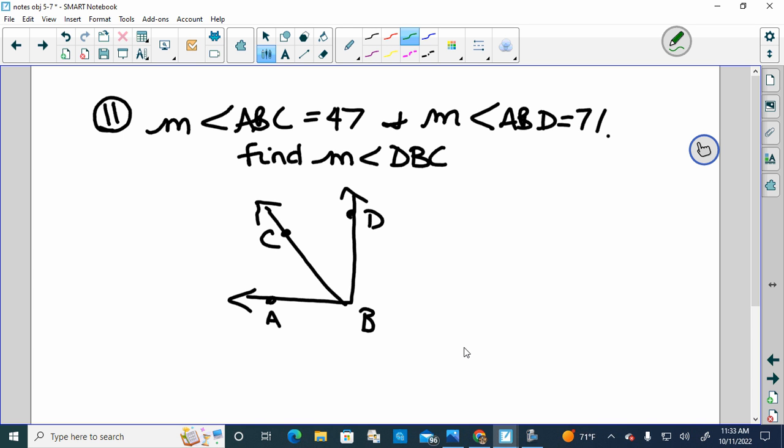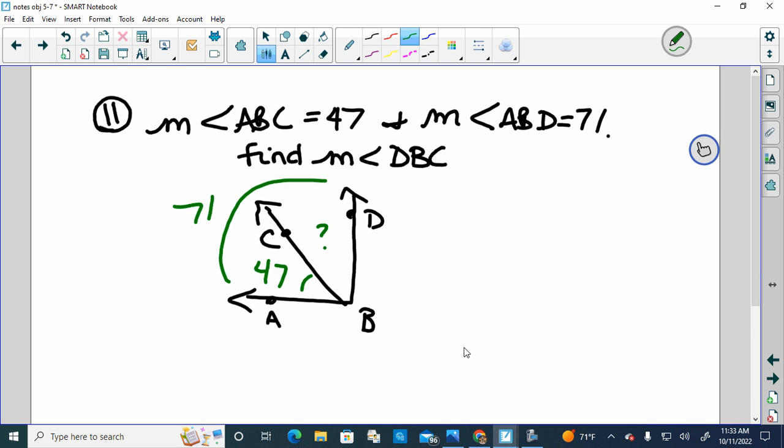We're just going to fill in the drawing what we know. So ABC would be this angle right here, which is 47. ABD would be this outside angle, the big angle, which is 71. They want you to find DBC, this one right here. So this has to do with your angle addition postulate.